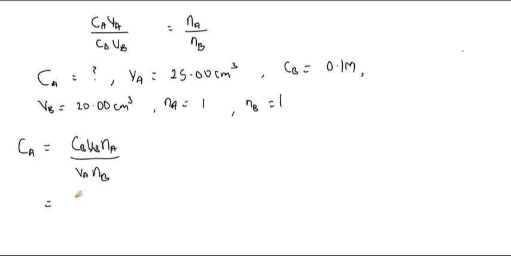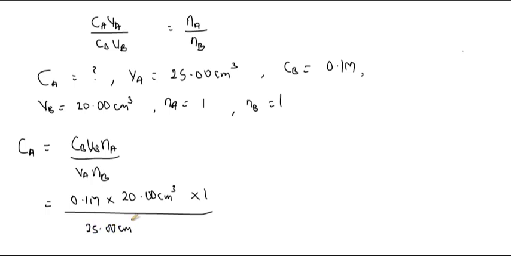We have Cb 0.1 molar multiplied by 20.00 cm³ multiplied by 1, divided by our Va 25.00 cm³ multiplied by 1, that is the number of moles of the base.